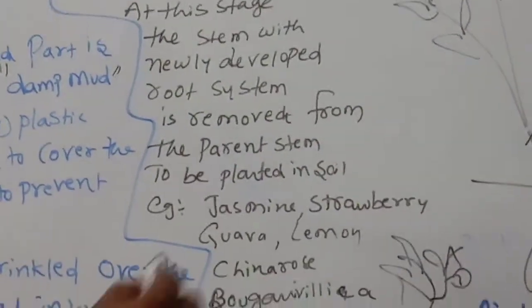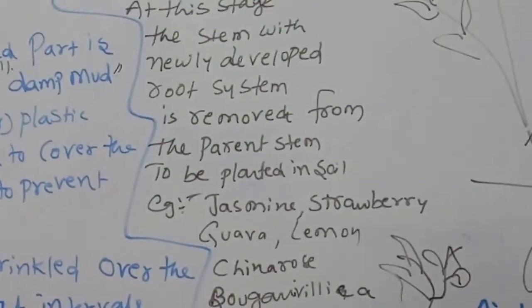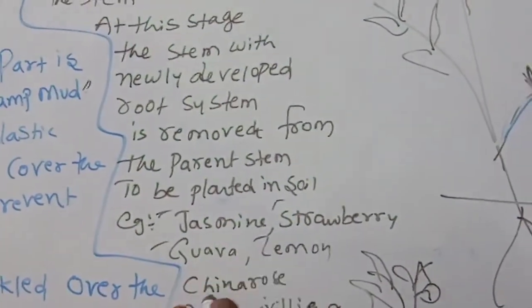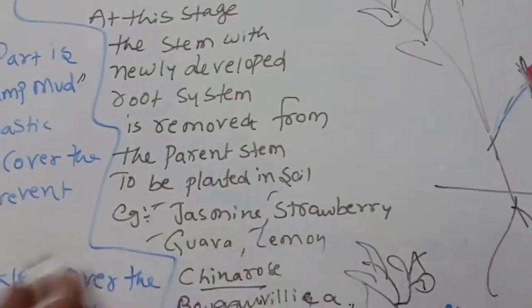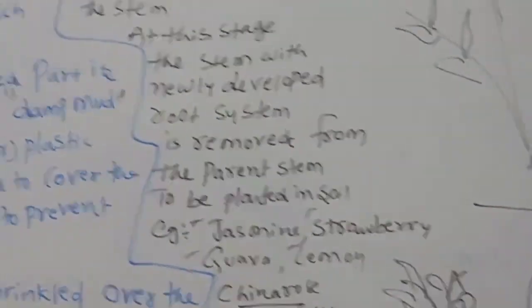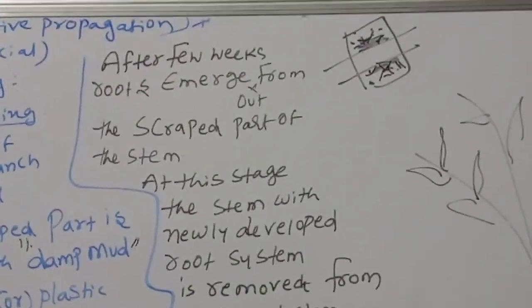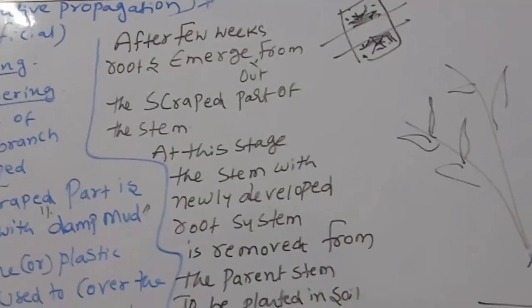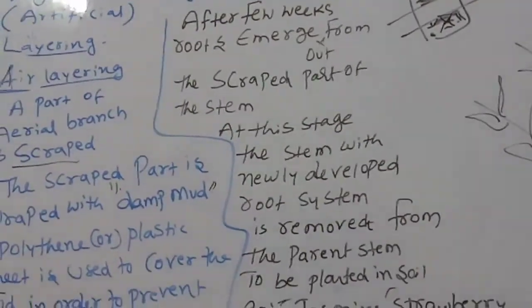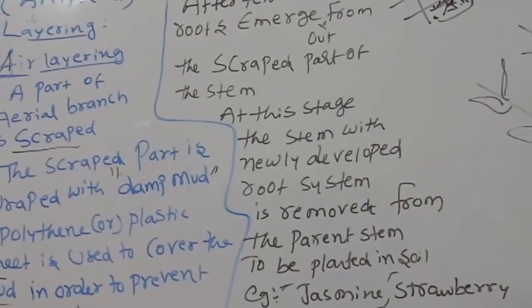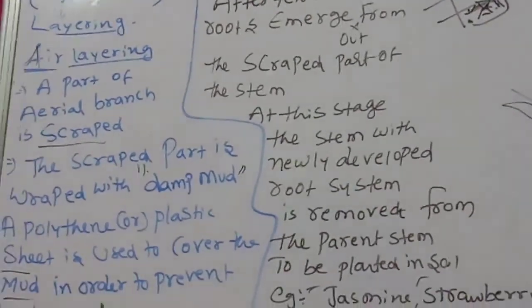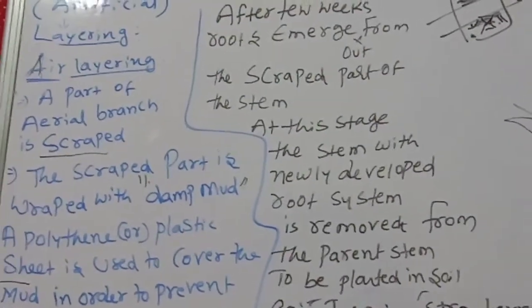We can see this kind of air layering in jasmine, strawberry, guava, lemon, china rose, and bougainvillea. Okay, children, what are we doing? Scrapping the part of the stem, then covering the scrapped part with damp mud in a polythene sheet.